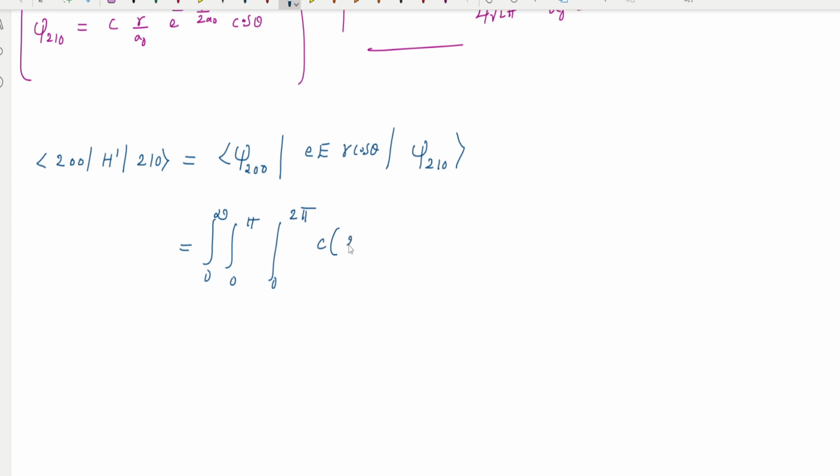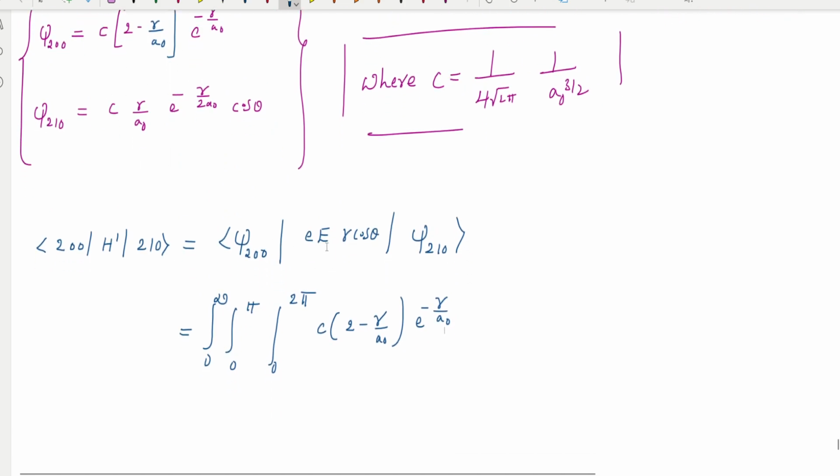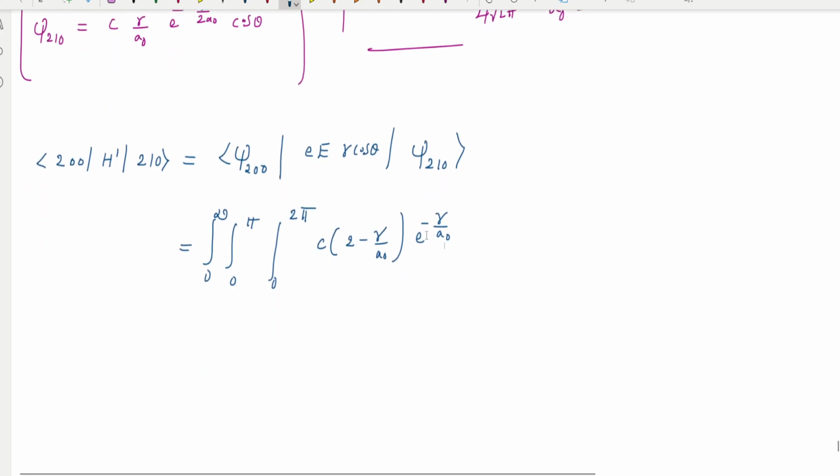Here only the psi 200 wave function is there, with C times 2 minus r divided by a naught times e to the power minus r divided by a naught. This is the wave function, right? And this one is the 210 wave function. This is the perturbed term.